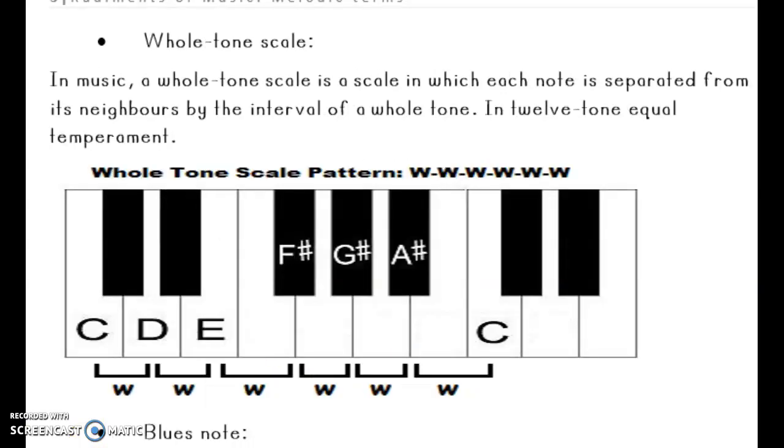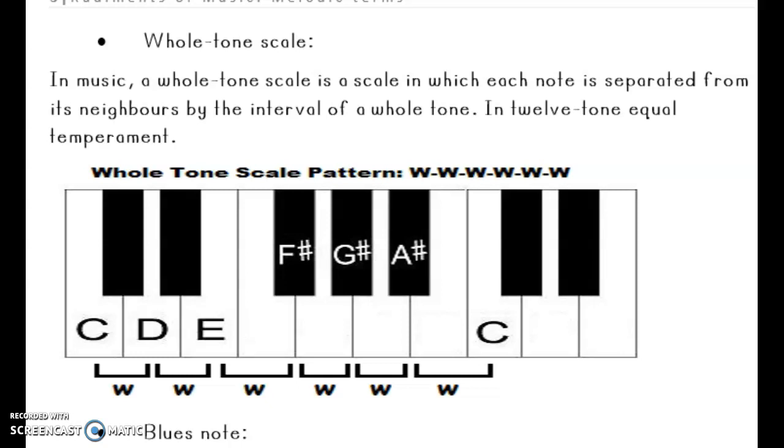Now the next scale is the whole tone scale. In music, a whole tone scale is a scale in which each note is separated from its neighbor by the interval of a whole tone. So in music, I get a whole tone from C to D. And in that C to D, I have two halves, C to C sharp to D. So two half steps, two semitones, will form that whole tone.